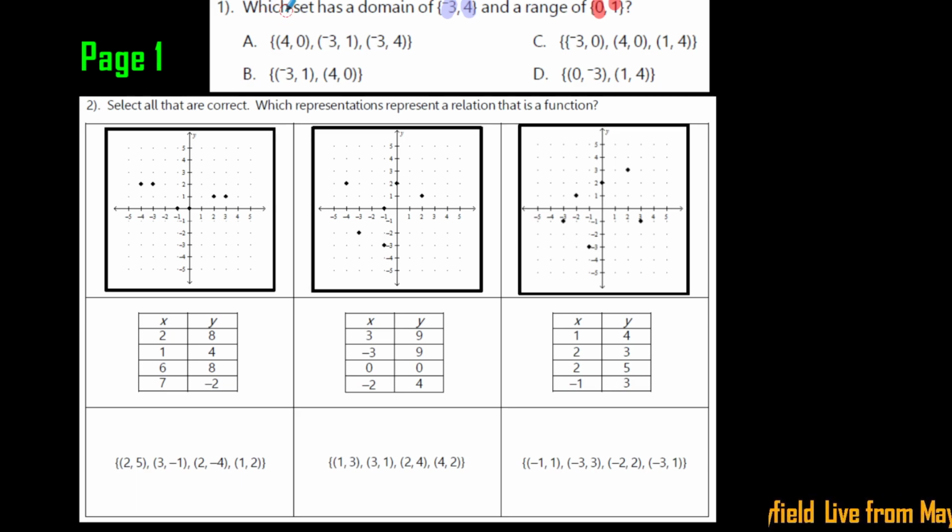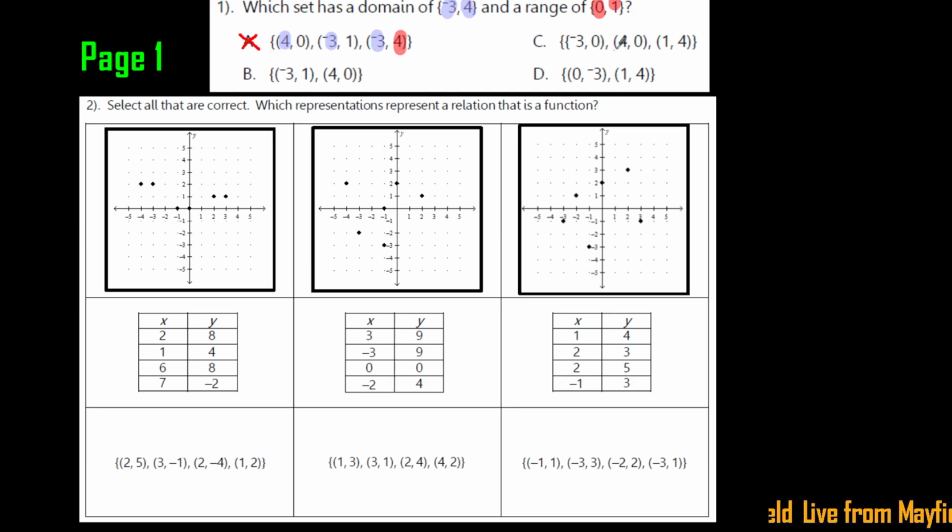When it asks for a domain of -3, +4, it's saying it has to include those two. So for that first one, it does have the correct domain. However, for the range, you see that it has an extra value of +4. So you know it cannot be the first one.